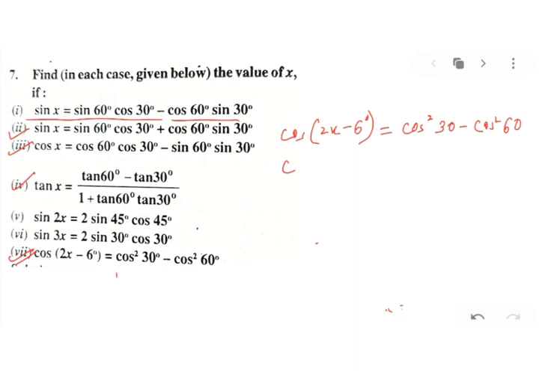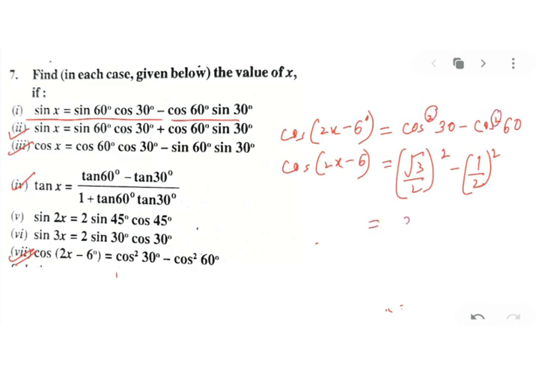Now I'll keep my 2x minus 6 here as it is. For cos square 30, I'll put root 3 upon 2 the whole square. For cos square 60, I'll put 1 upon 2 the whole square. I have put square because in your ratios you have square.